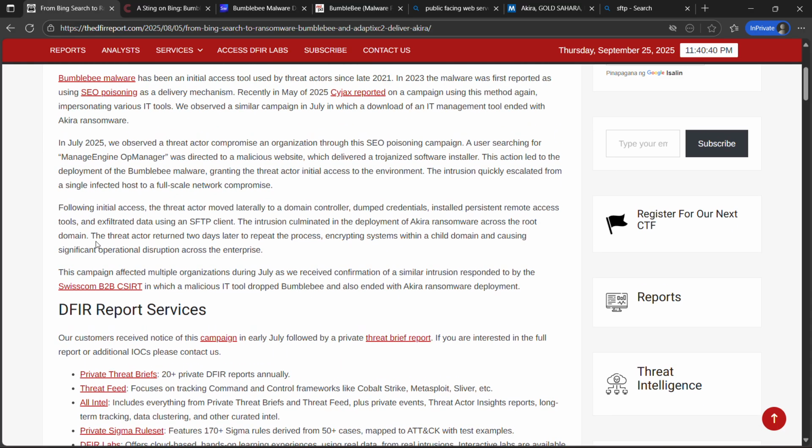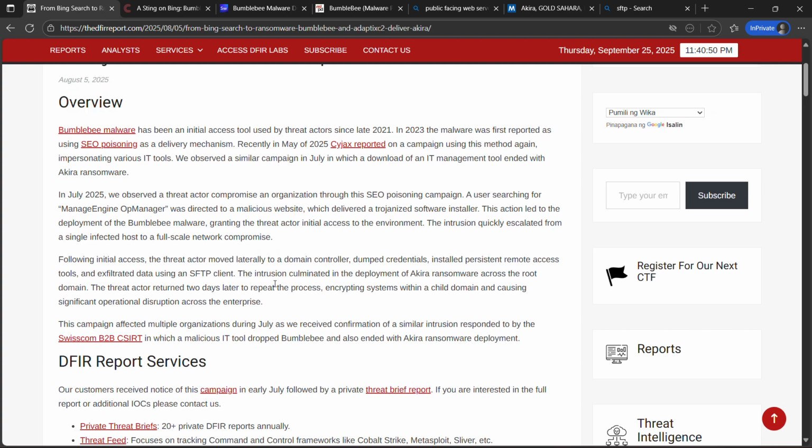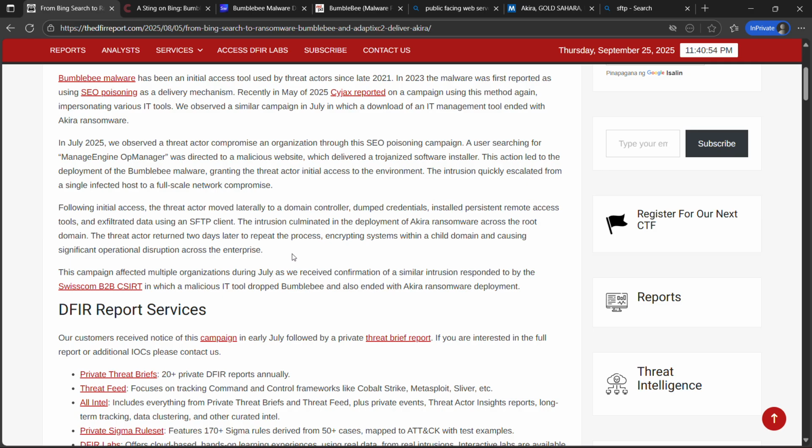He came back again, meaning he put a backdoor in order to gain access once again, and they didn't find it. They didn't find the backdoor.